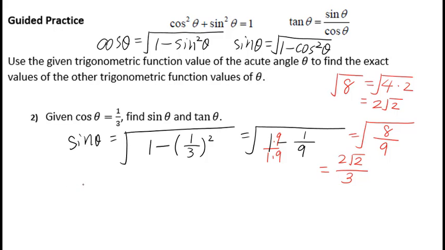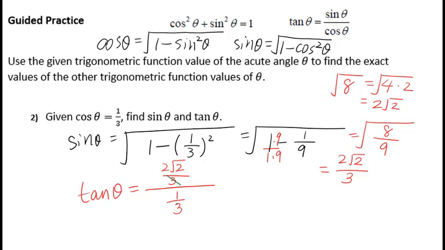And for tangent theta, you will get sine theta over cosine theta. Sine theta is 2 square root of 2 over 3, and cosine theta is 1 over 3. This is a complex fraction.